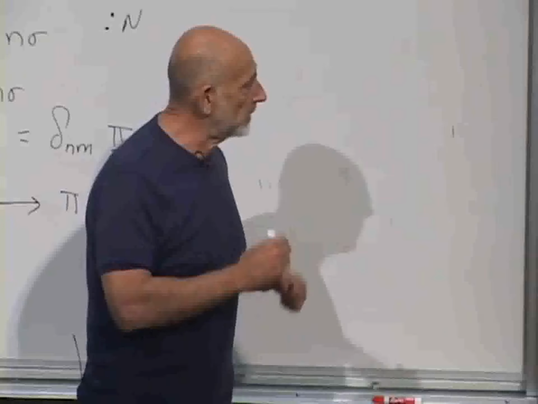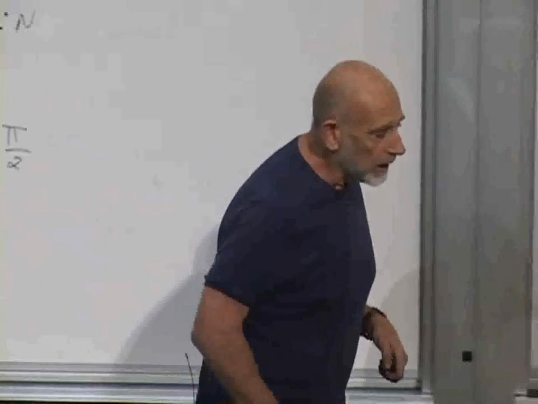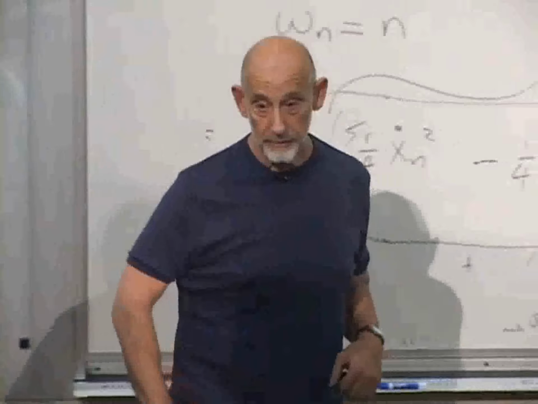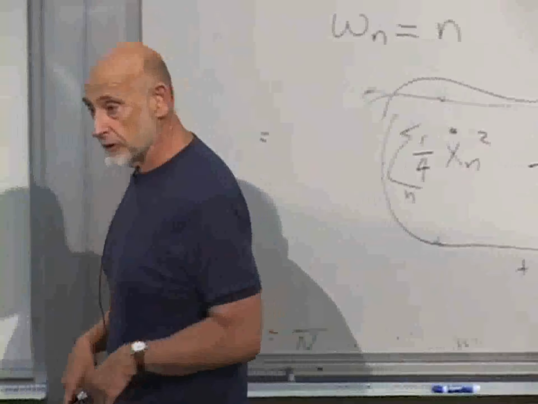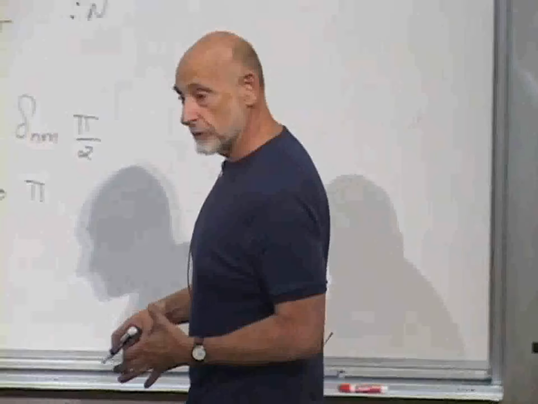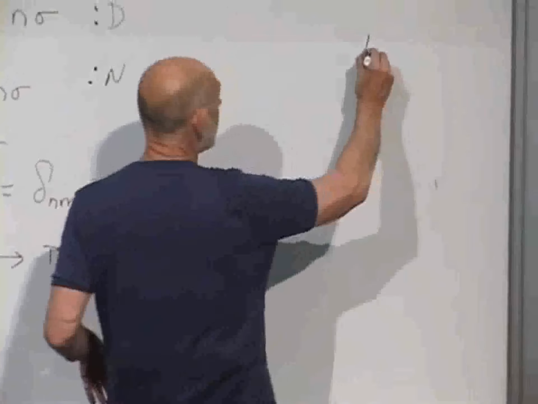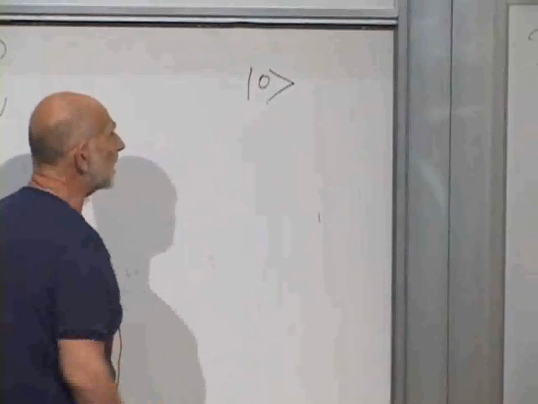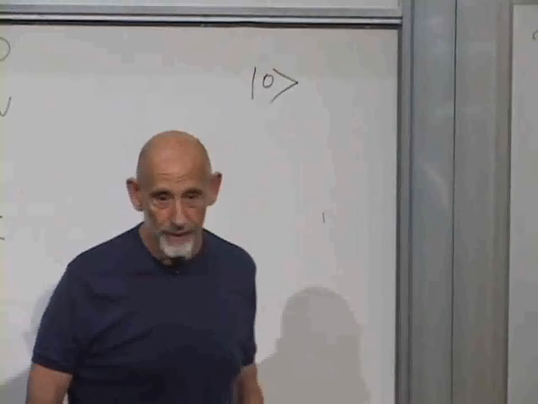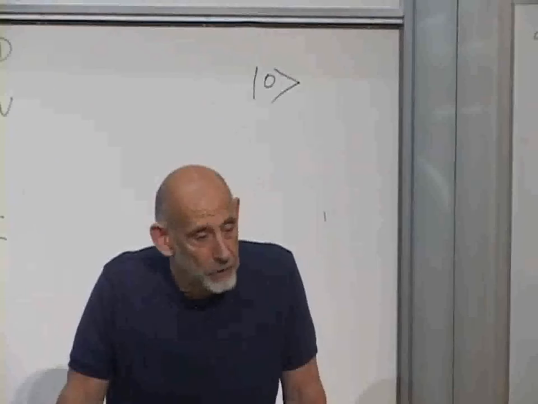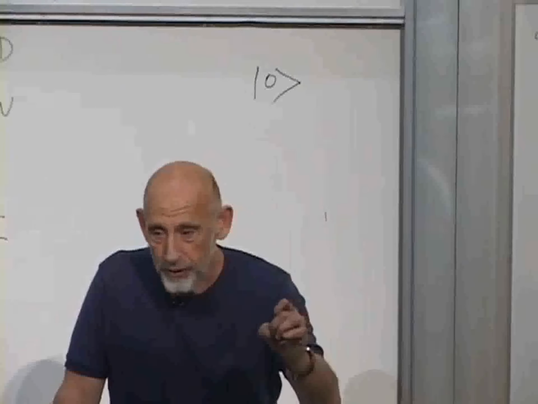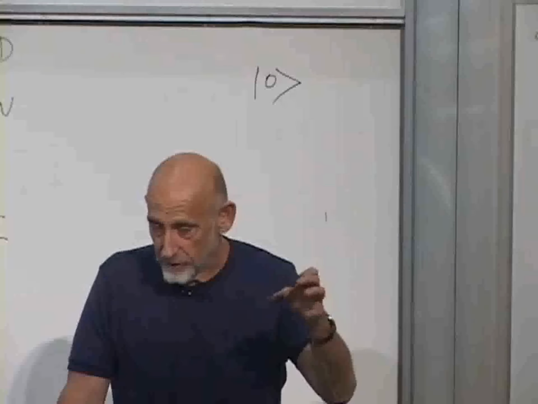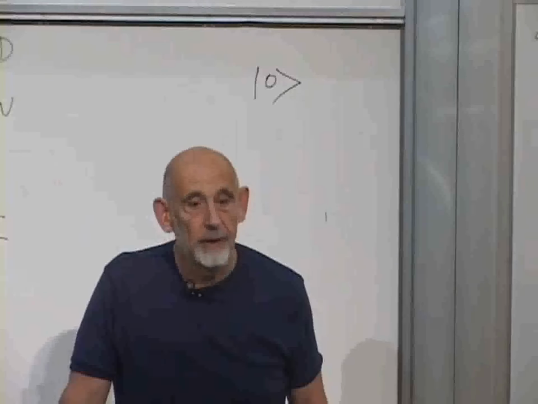Right, so let's see what kind of energy levels the system will have. There'll be a ground state where none of the oscillators are excited. They're all in their ground state. Let's call that 0, ground state. This does not correspond to the vacuum. It doesn't correspond to empty space. It corresponds to a single string with no energy excitation. So it's a string.